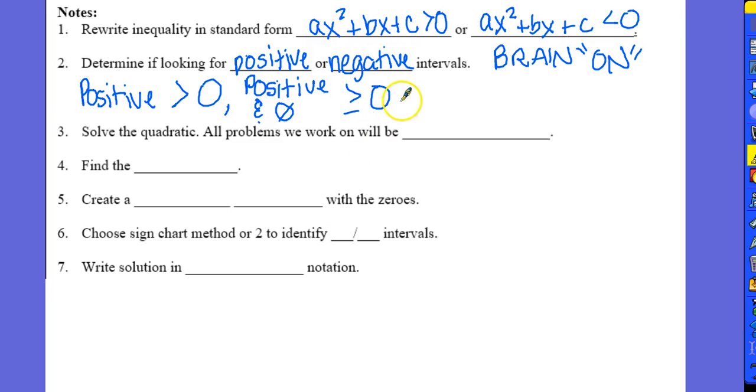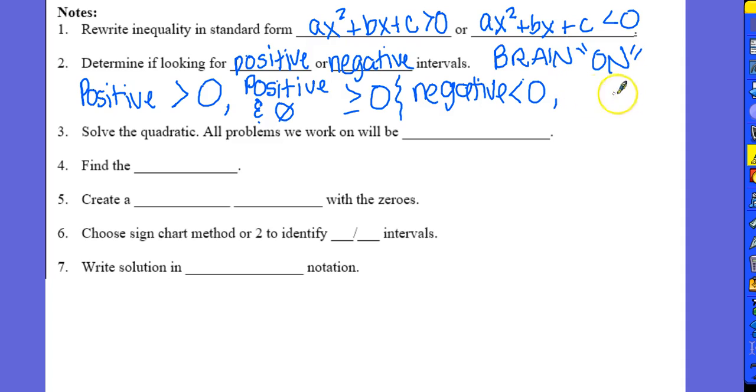All right? And then, of course, the opposite is also true. If I'm looking for negative intervals, then I'm looking for numbers that are less than 0. If I am looking at less than 0, I'm looking for negative intervals.